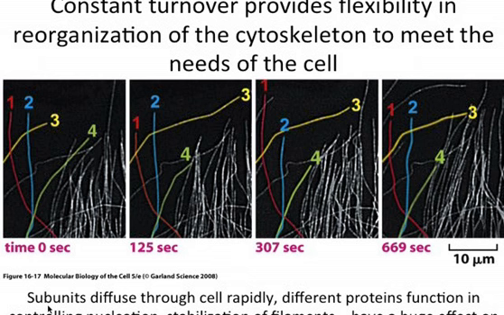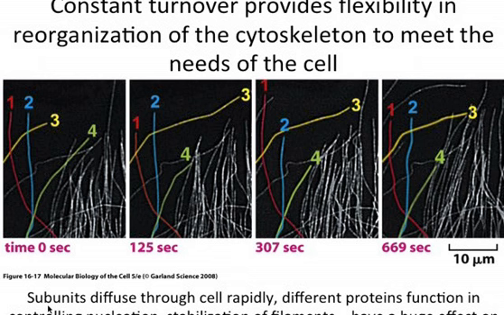So this is just showing the growth and shrinkage of microtubules over time. They labeled 1, 2, 3, 4 different microtubules.